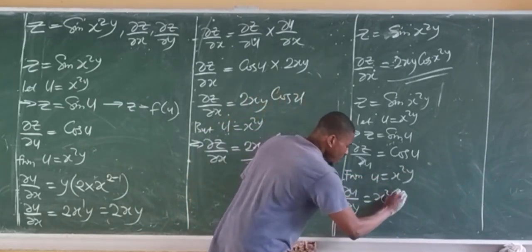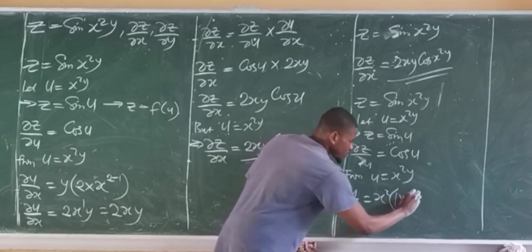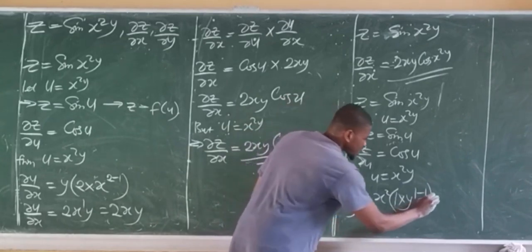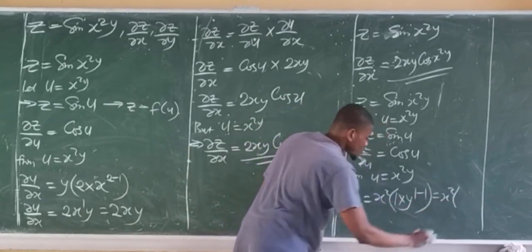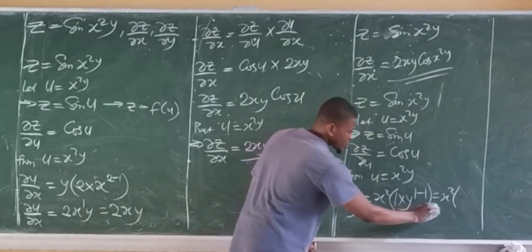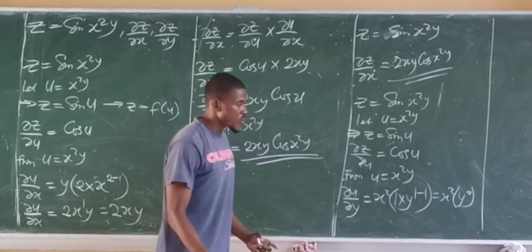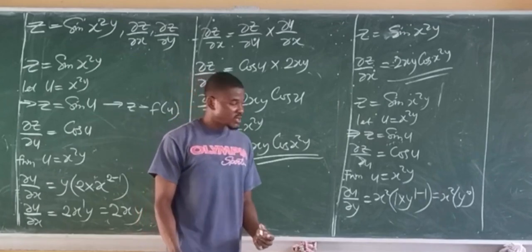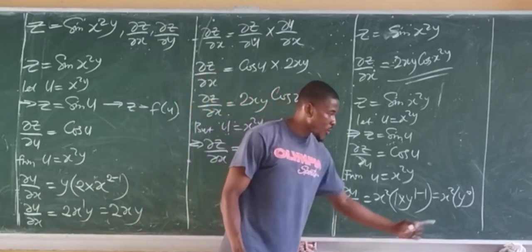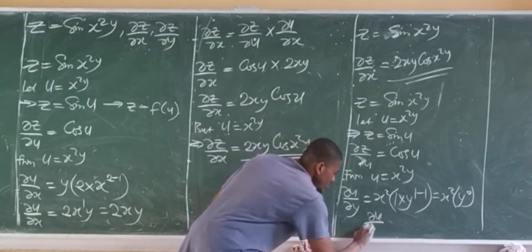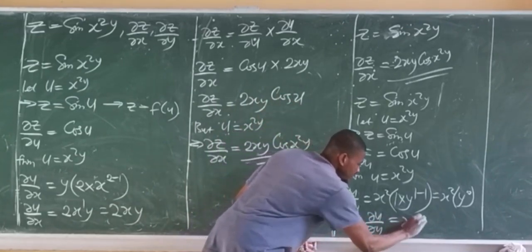You use the power 1 multiplied by y, then subtract 1 from the power, so we have 1 minus 1. So this is x squared times 1 times y to the power of 0. Of course, any number apart from 0 raised to the power of 0 is simply 1. So 1 times x squared remains x squared. So partial u, partial y is simply x squared.